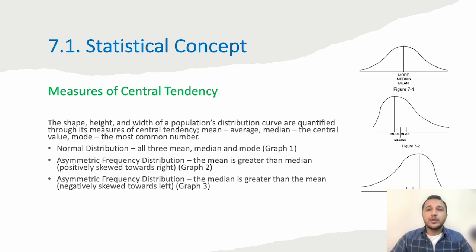Why do we look for such kind of distribution of data within the population? Because then we can take a sample from the population which is close to the average, and the sample will represent the entire population.